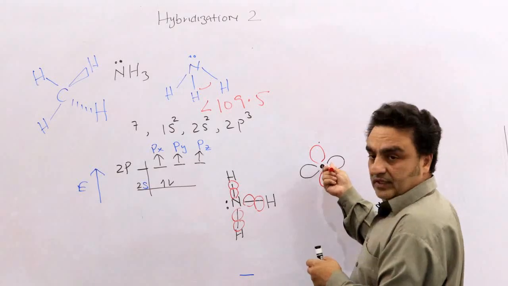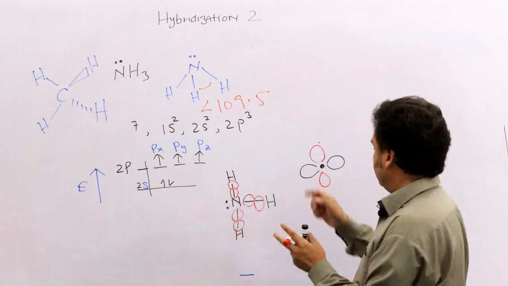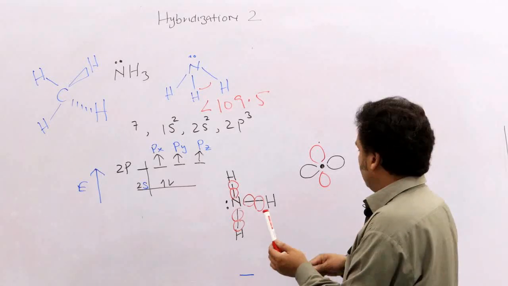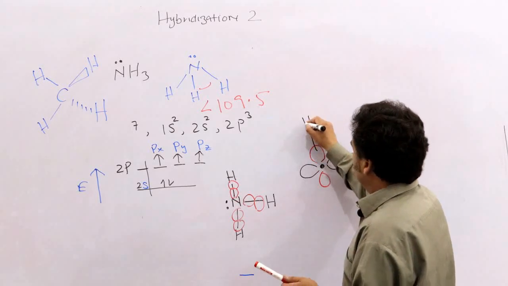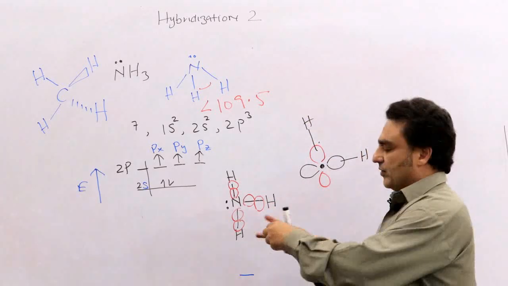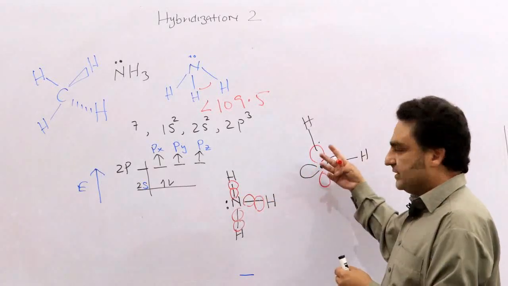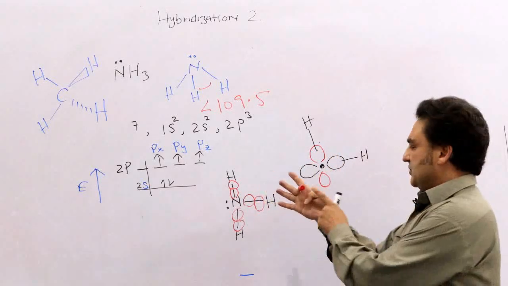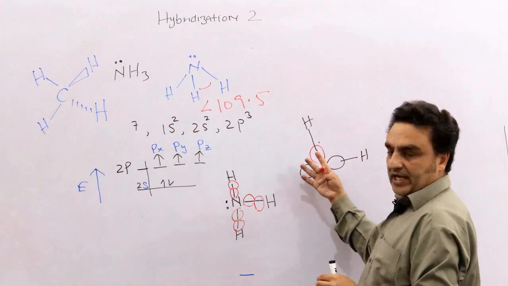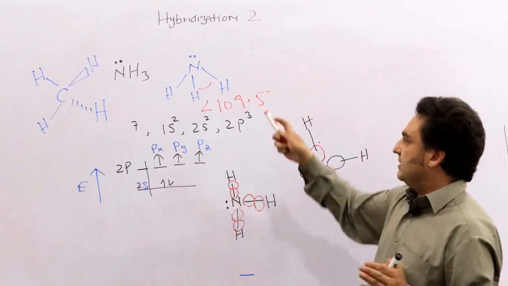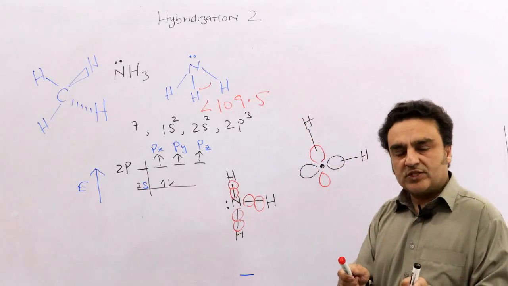Inside the board it should be tetrahedral, half out and half below. So it should form bonds like this one, this second, and for the other orbital, half of the lobe will be inside the board and half toward you. So the other hydrogen should have formed the bond like this. Again, it is a 90 degree arrangement, but the experiments say that it's not 90, it's 107.